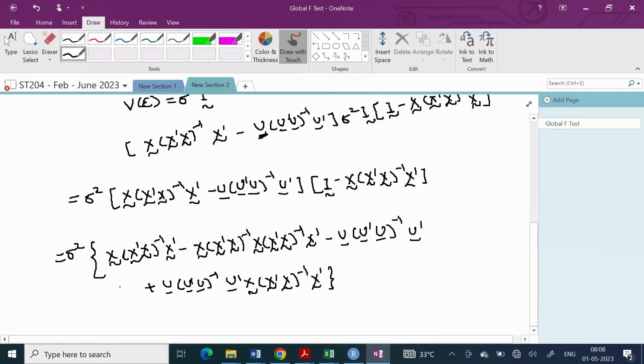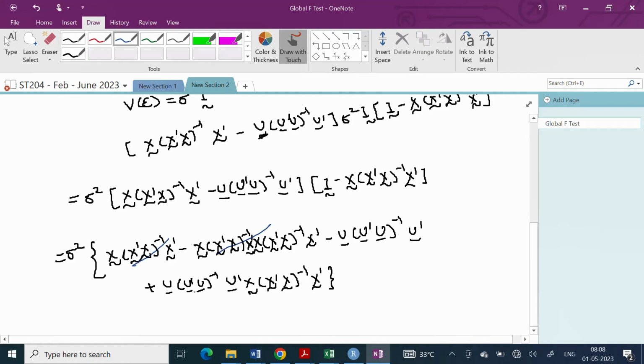So what do I get? I missed writing one X prime here. We had X (X prime X) whole inverse X prime into, from here, X (X prime X) whole inverse X prime. So this X prime X and X prime X whole inverse cancel each other out. So I am left with X (X prime X) whole inverse X prime with a negative sign, so this gets cancelled with this.